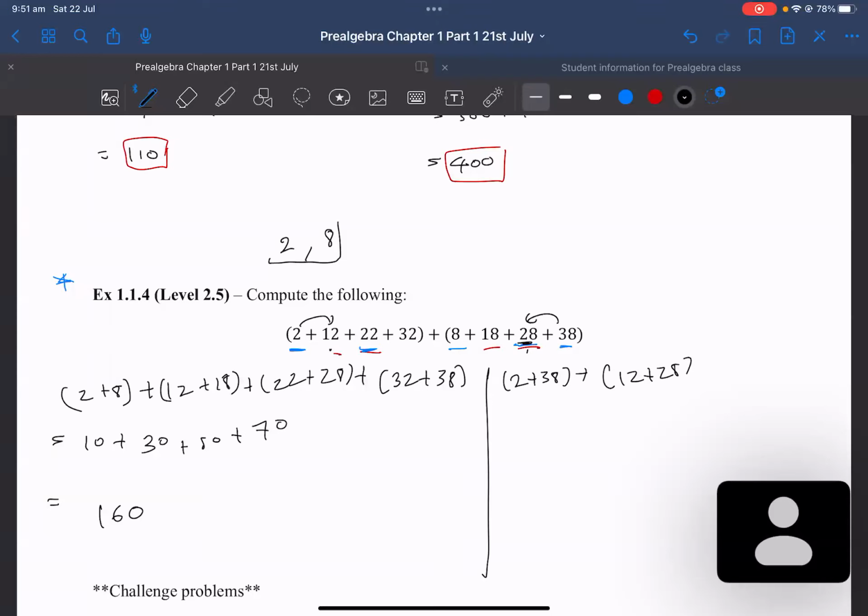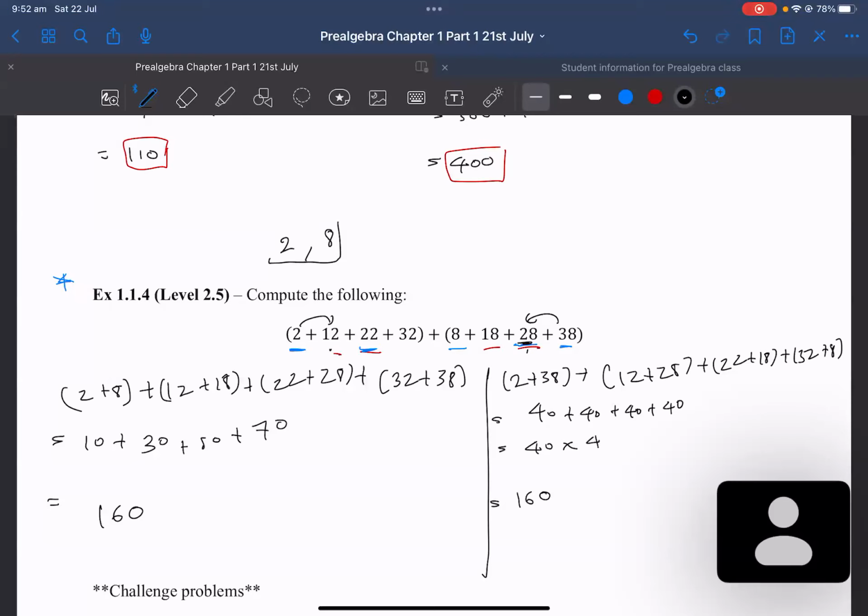Then you have the 22 with the 18, and you pair the 32 with the 8. 2 plus 38 is 40, 12 plus 28 is 40. You have four 40s. 40 plus 40 plus 40 plus 40. You can add them, but you can also just multiply 40 by 4. That's 160.